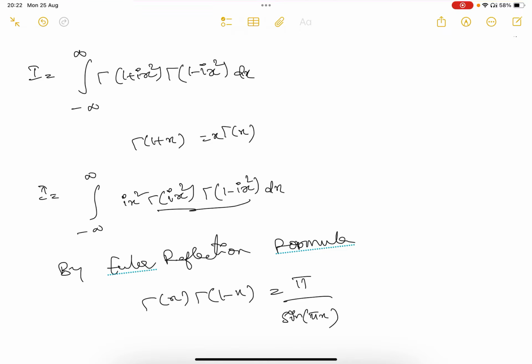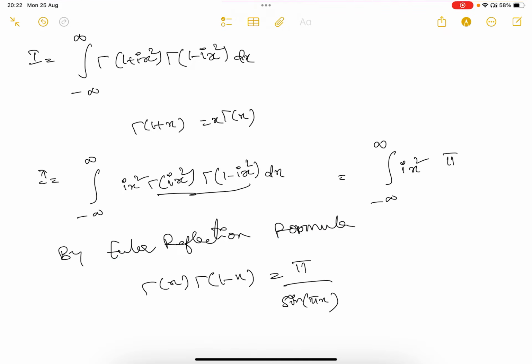Then this will be the integral from minus infinity to plus infinity of i x squared into pi by sine of pi x, where x here is i x squared, dx.